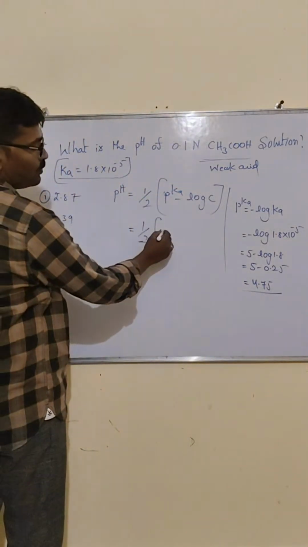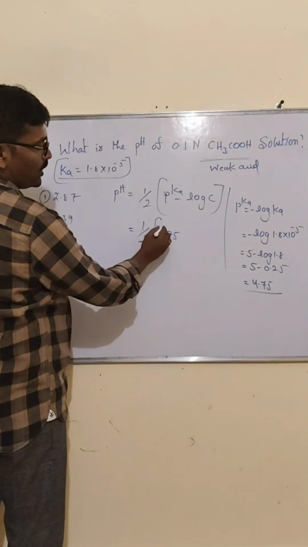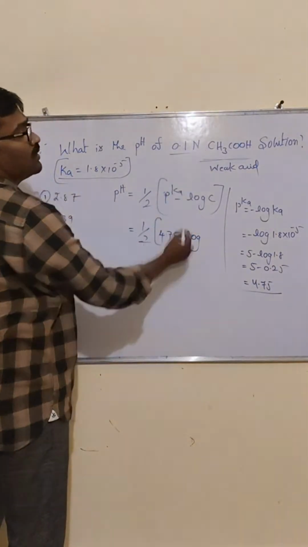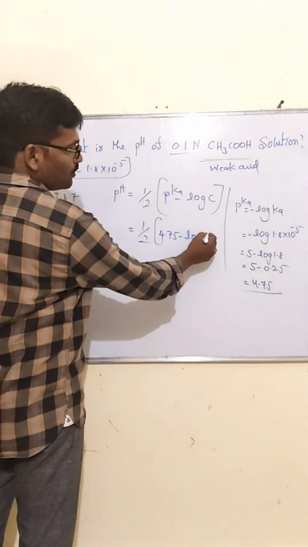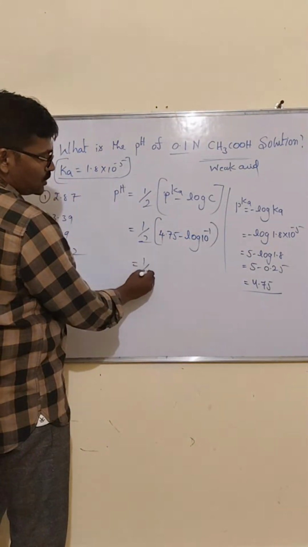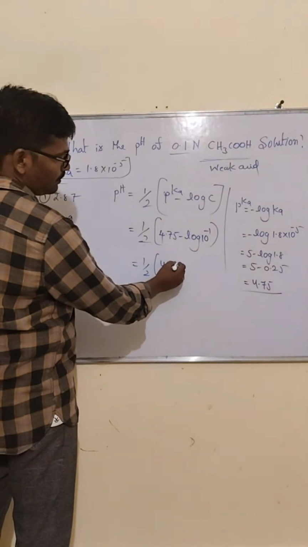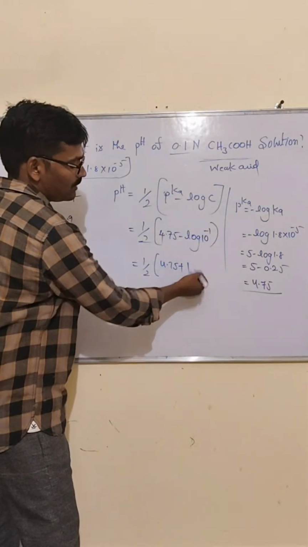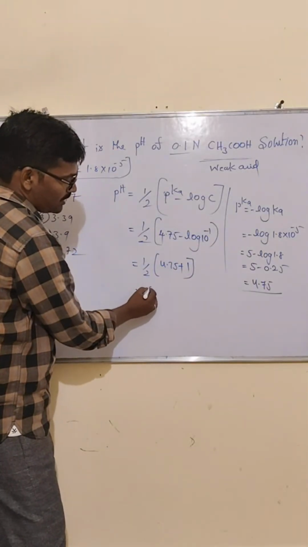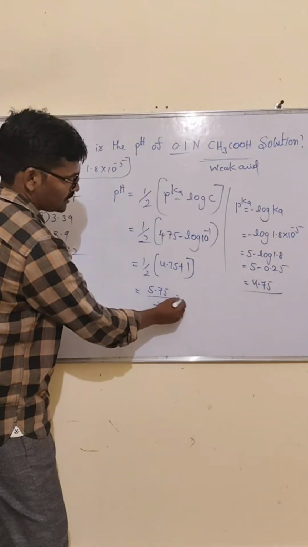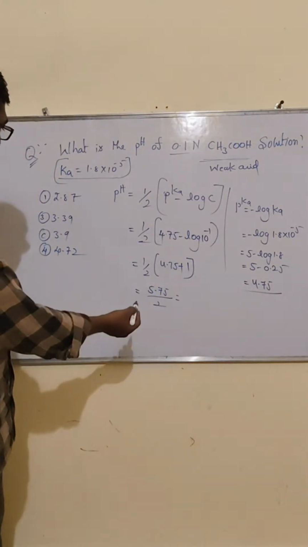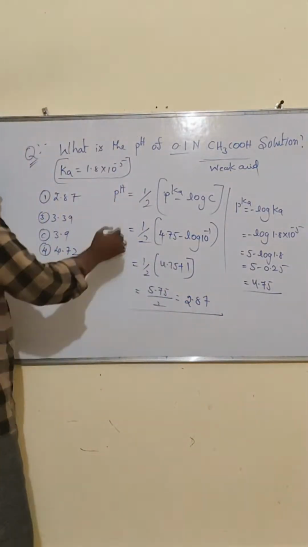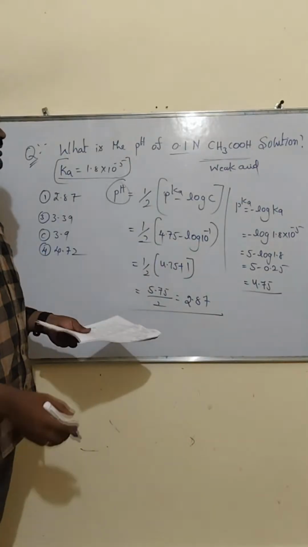So here the pKa value is 4.75. Then minus log C: 0.1 normality is nothing but 10 to the power of minus 1, right? So 1/2 into 4.75 plus, minus into minus 1 plus 1, log 10 value is 1. So 5.75 divided by 2, and the answer is 2.87 for the pH of this weak acid, my dear students.